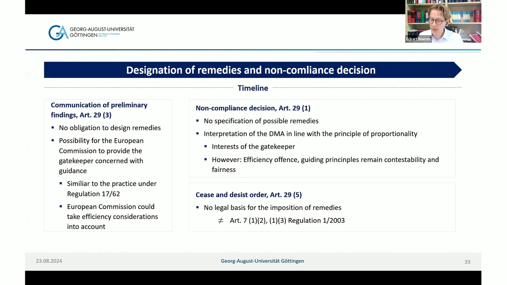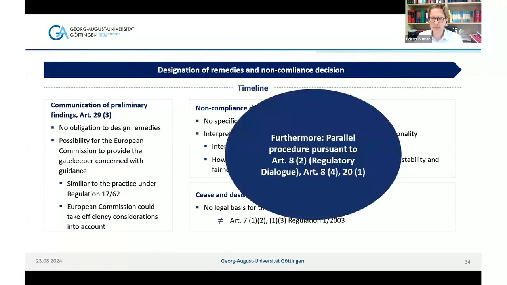DMA. Important to keep in mind, I've mentioned it already, we can have a regulatory dialogue in parallel, and there the Commission can impose measures.